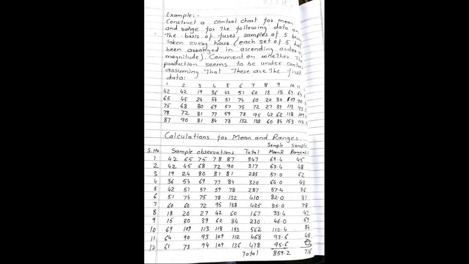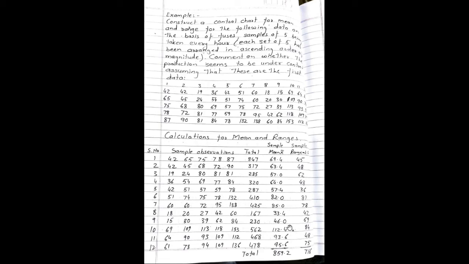Now to find the range chart we need to have R bar, that is nothing but the total of the R column. So 45 plus 48 plus 62 plus 48 plus 36 plus 81 plus 78 plus 42 plus 69 plus 84 plus 48 plus 75. Total becomes 716. Same way, we need to have x double bar.